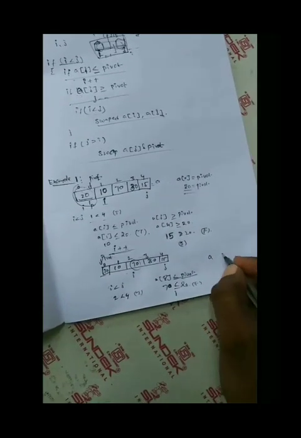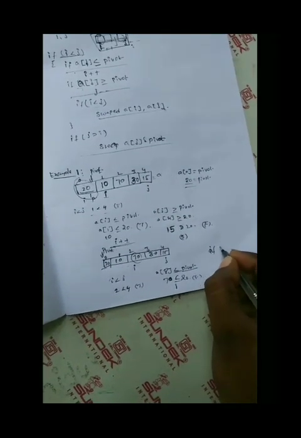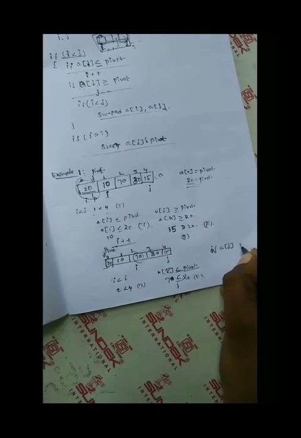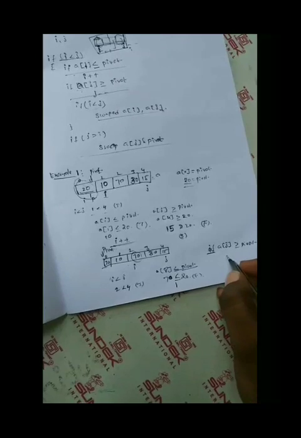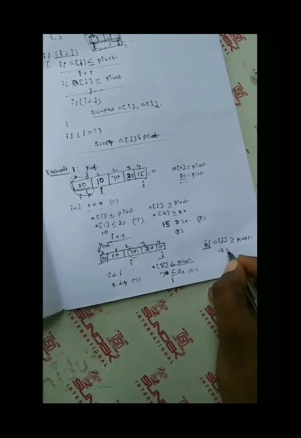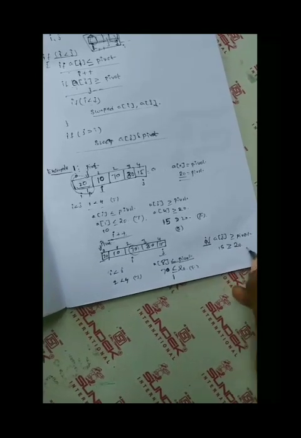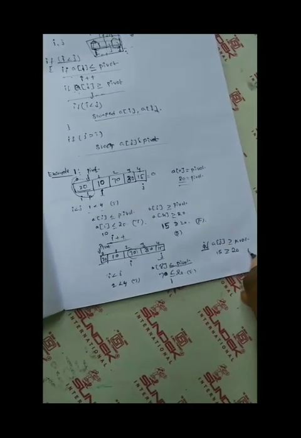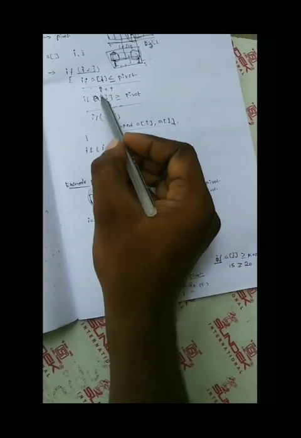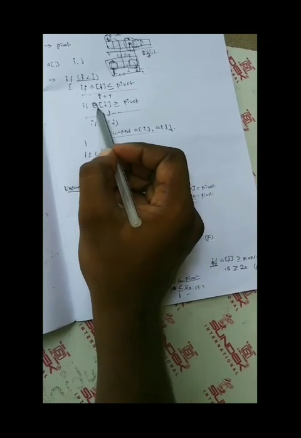And the next condition is A of j greater than the pivot element. Here A of j, and j is here, and the value is 15, greater than the pivot element? No, it's not true. So these two conditions are false.